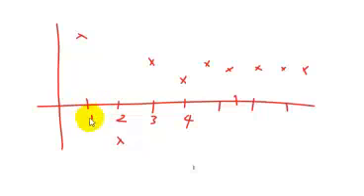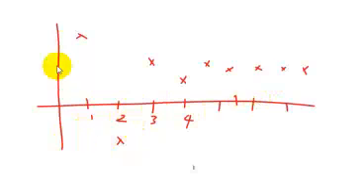The first index maps to the first value, the second index maps to the second value, the third one maps to this, and the nth one maps to this one.